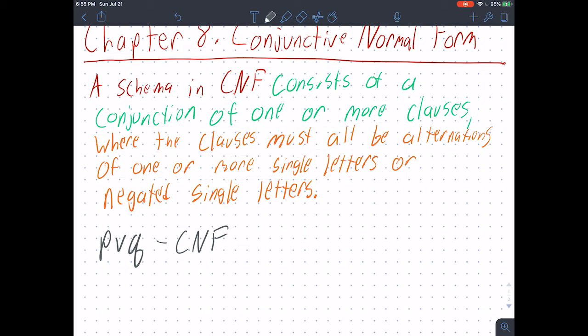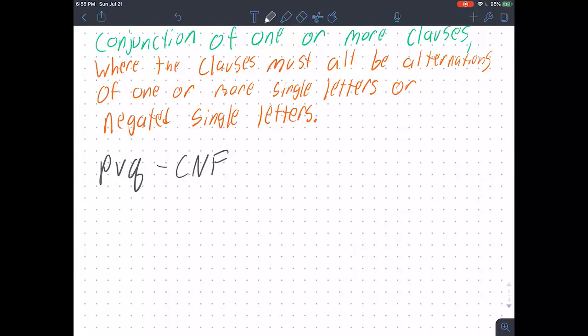So this might seem weird, because there's not a conjunction, but if you just have an alternation by itself, that's in CNF because, remember, one or more clauses means that if we have a single alternation, that's in CNF.